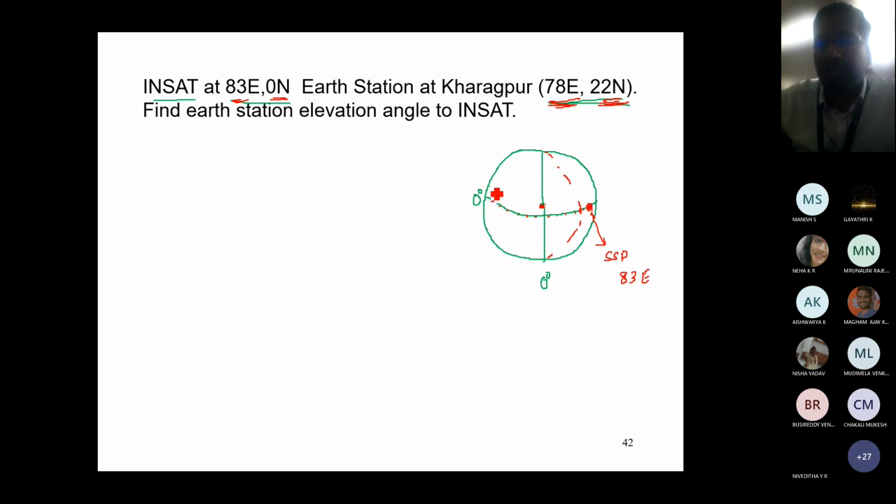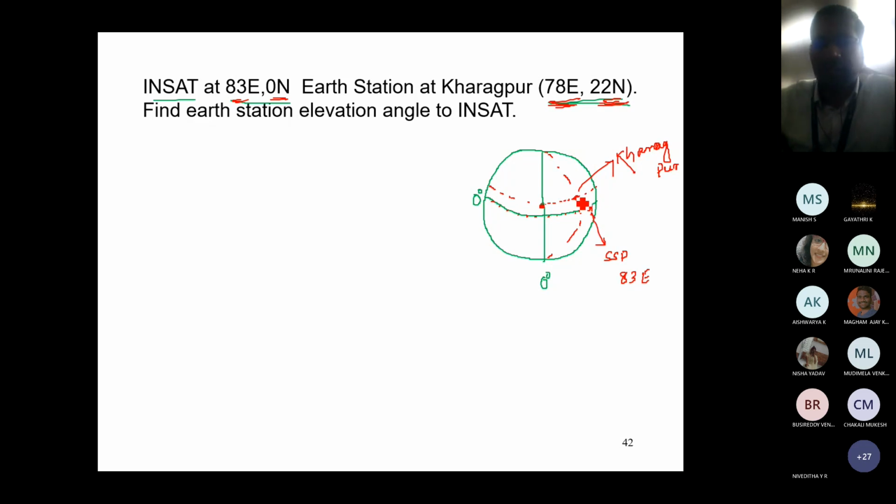So suppose this is the 22° latitude line, and at this point is your Kharagpur. This is the location of Kharagpur, and this is the location of the sub-satellite point.